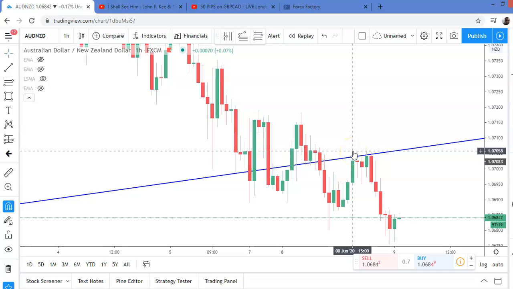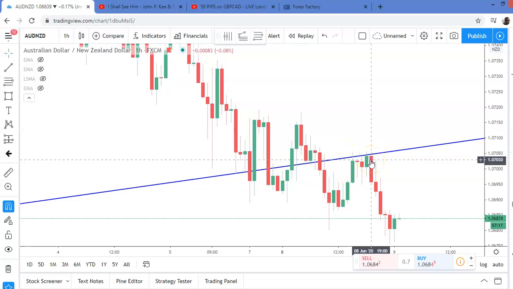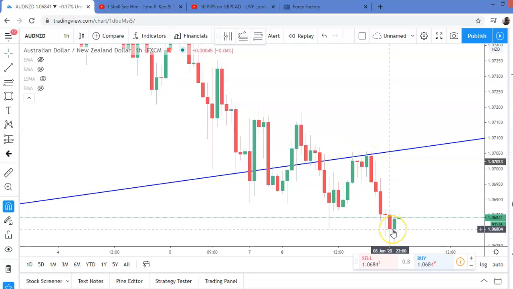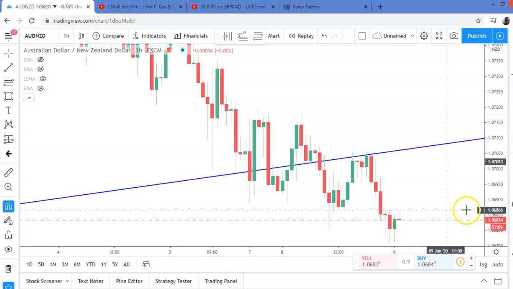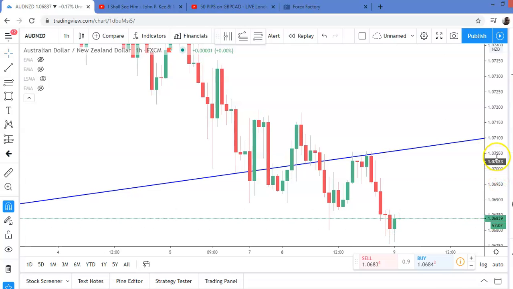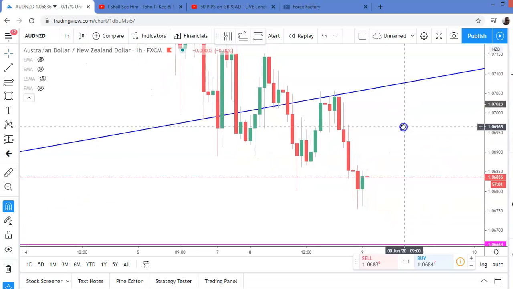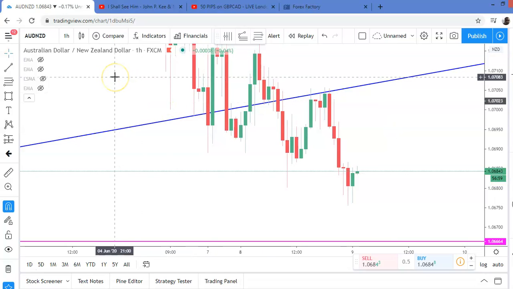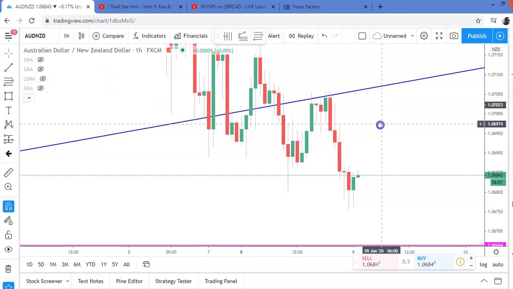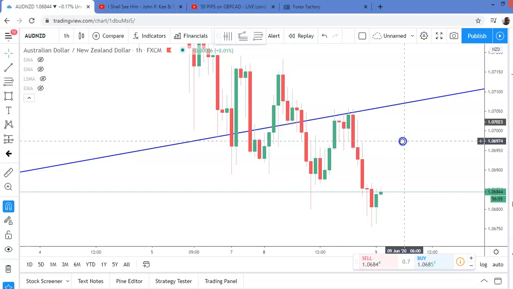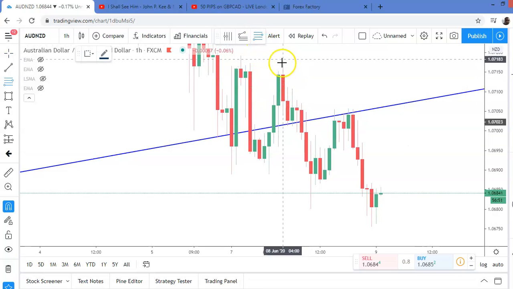This looks like 61%, and another descent, and this may be another retracement. So at this point, now that we're at the 1 hour, what I do is I go in and I get my Fibonacci, because the Fibonacci will always tell you the story.